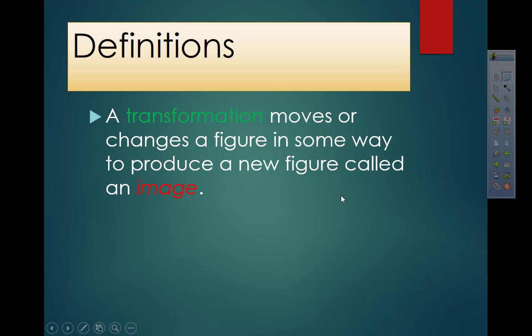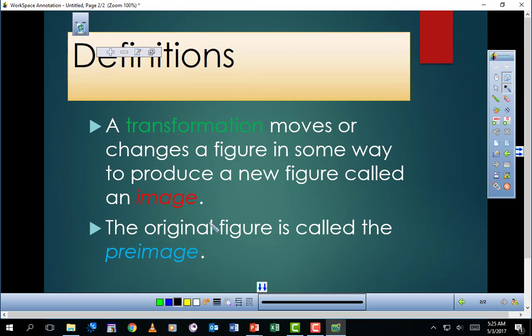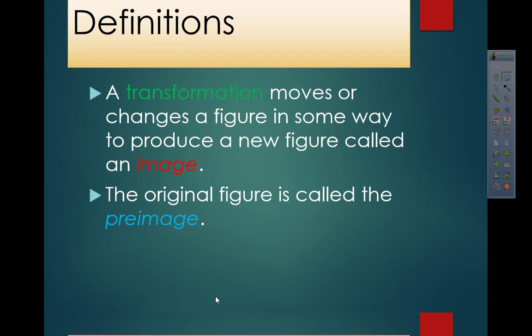That's a little notation we use in our book. Blue for the pre-image. Image comes second. And of course, the pre-image came before the image, so that's first. Okay, that being said, let's move on.